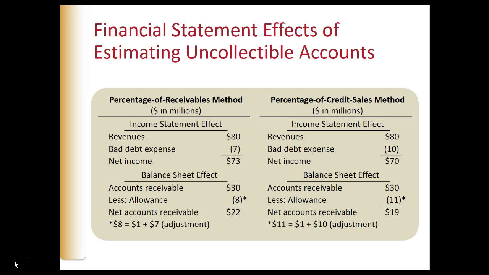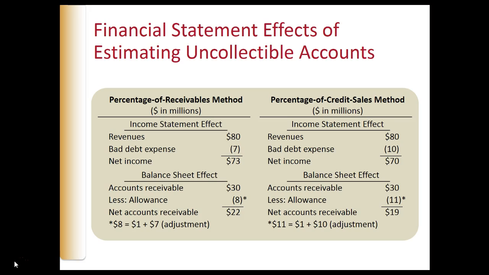From a balance sheet perspective, though, the percentage of revenues method is preferable because assets, the net accounts receivable, are reported closer to their net realizable value. The current emphasis on better measurement of assets, which is that balance sheet focus, outweighs the emphasis on better measurement of net income, which would be the income statement focus.